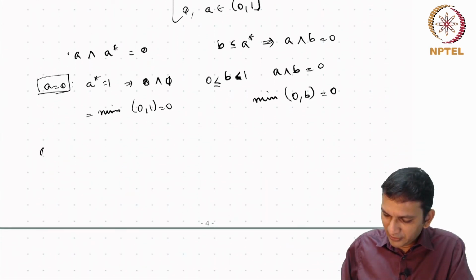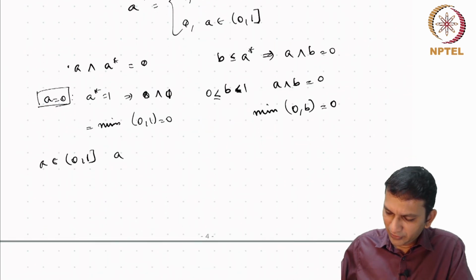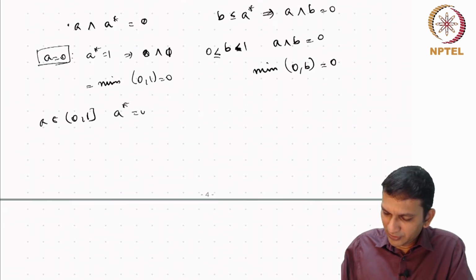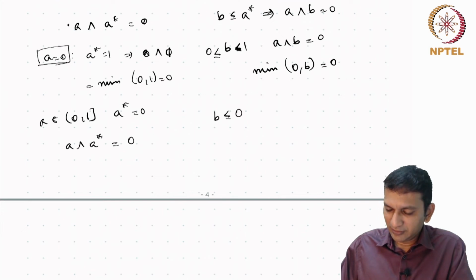Let's take A to be from the interval (0, 1]. Then by this function, we know that A star is 0. Clearly now, A meet A star is the minimum of these two, which is 0. And since A star is 0, the only B that can be smaller than or equal to 0 is 0 itself.